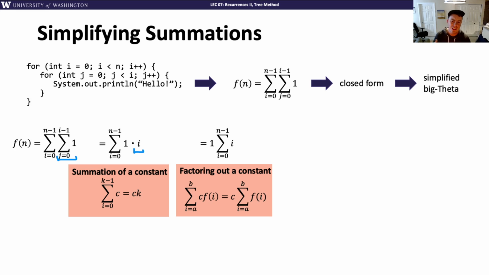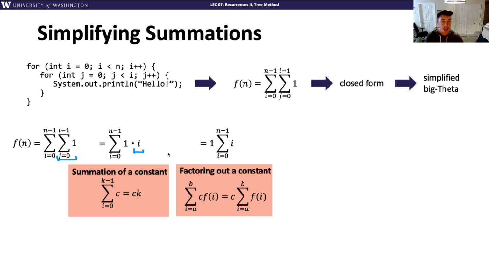Another way you could have done this is you could have said 1 times anything is just itself and just dropped it entirely. We'll end up doing that. But we wanted to point out that this is another identity that's fairly common. If you're multiplying by a constant, it's very common to just pull that constant right out of the sum so that your sum is now in a simpler form that looks more like one of the identities we'll show you. So factoring out a constant is a very common summation strategy.